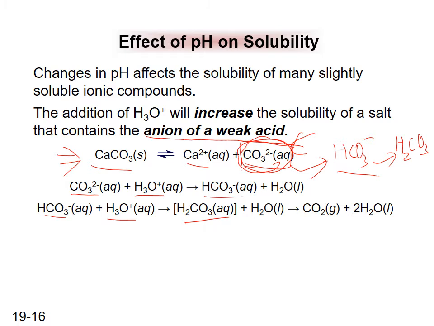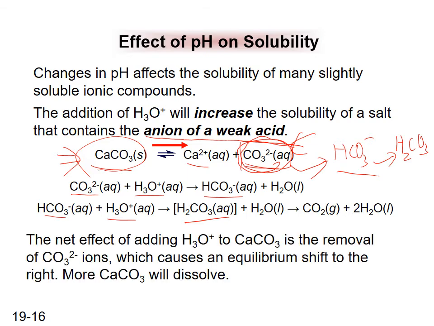And according to Le Chatelier's principle, when product is removed, the reaction goes forward. That will increase the solubility, so more calcium carbonate will dissolve. So the net effect of adding hydronium ion is the removal of the carbonate anion, which causes an equilibrium shift to the right.